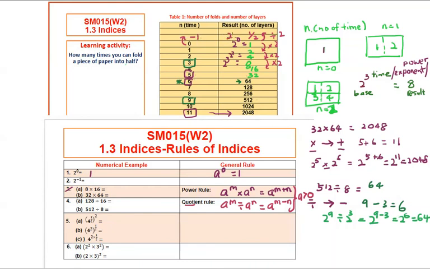So 2 power negative 1 is equal to a half. In general, a raised to power negative 1 is equal to 1 over a. The rules only apply if a is not equal to 0. We stop the discussion for a while and then we open for chat and questions.